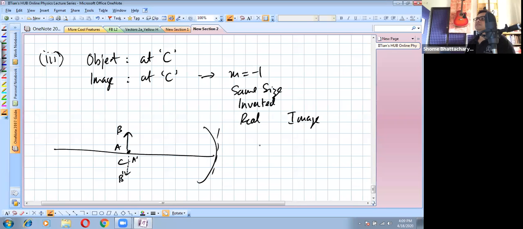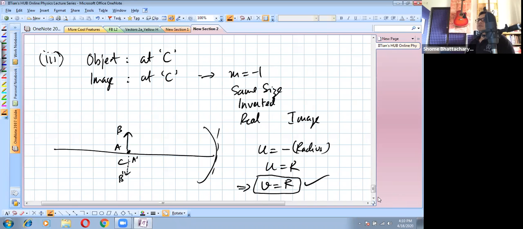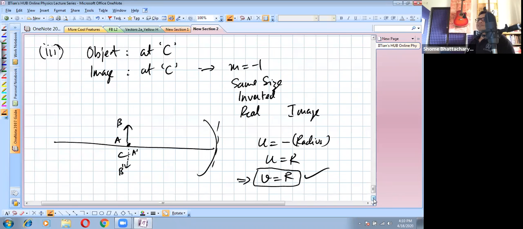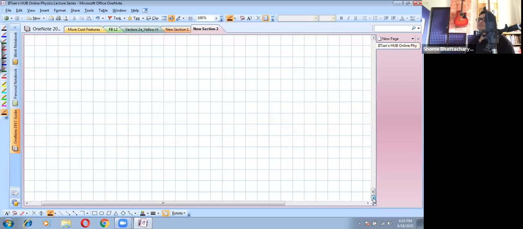And you can see you will get this by substituting u equal to minus of the radius, or u equal to R. If you substitute with sign convention, you get v also as R by 2, you get this in the uv formula. Now the next step you will see is actually like, you can say, a reversal of the earlier ray diagram.